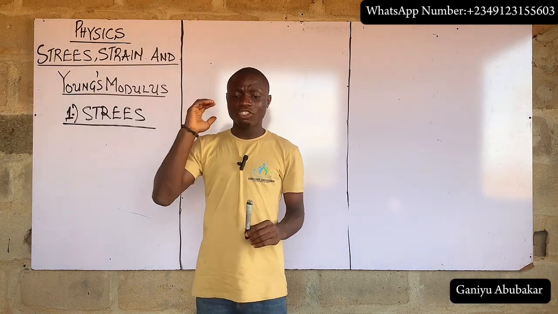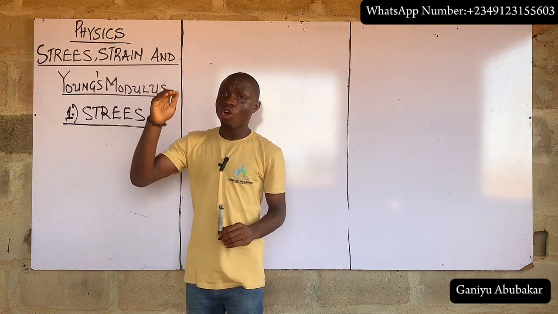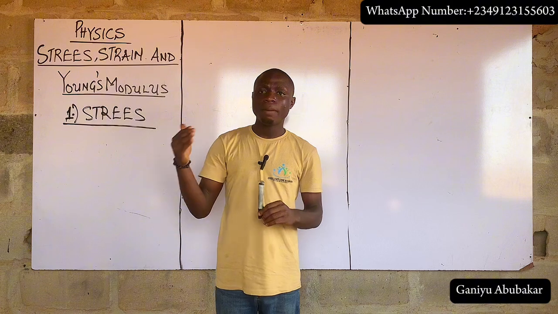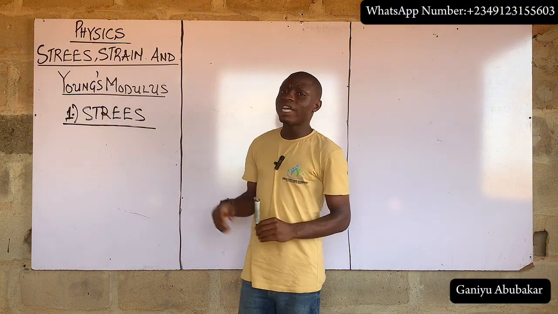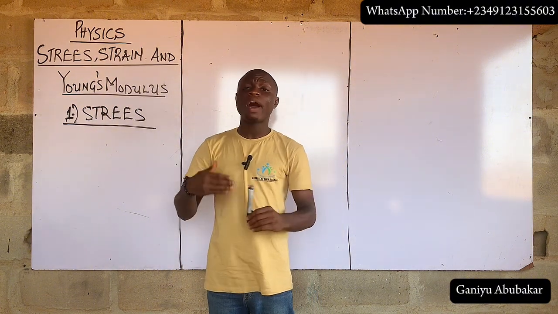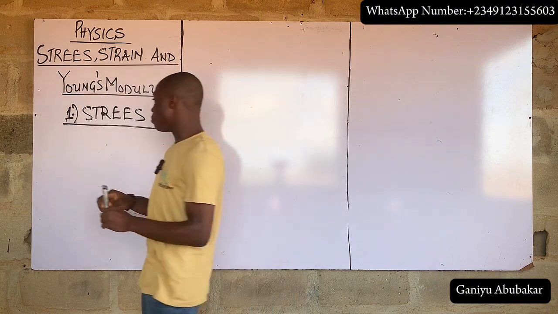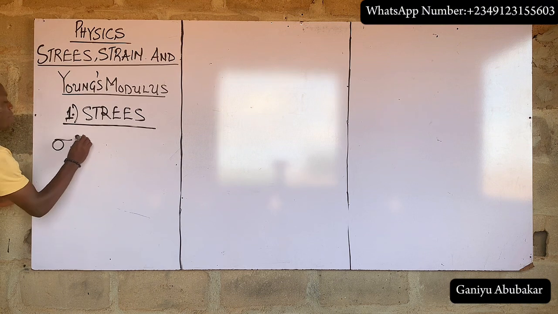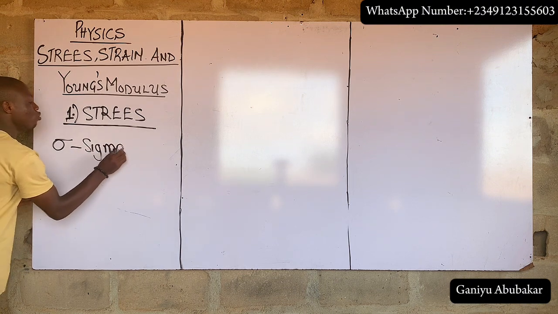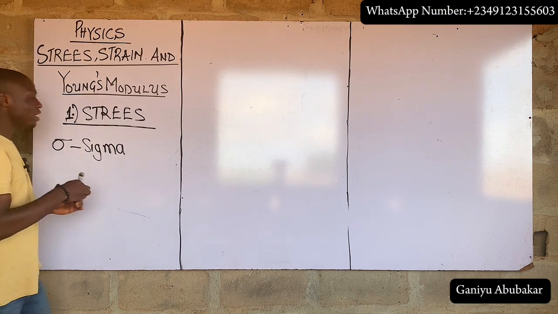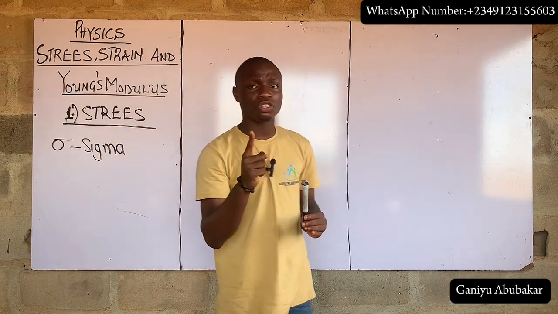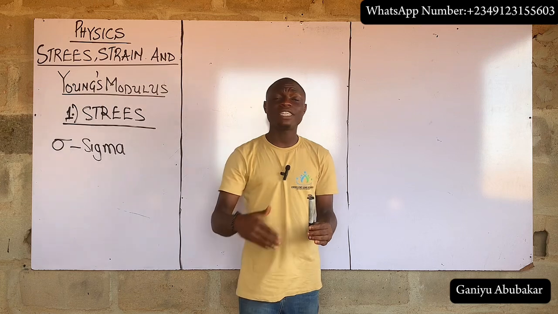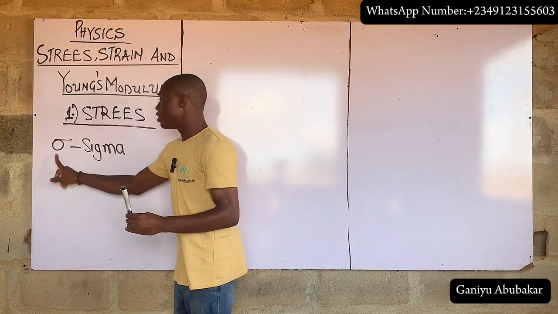So I'm saying that stress is simply the ratio of force to its area of a material. Note that stress is represented by a Greek symbol called sigma. So we use this Greek symbol, sigma, to represent stress.